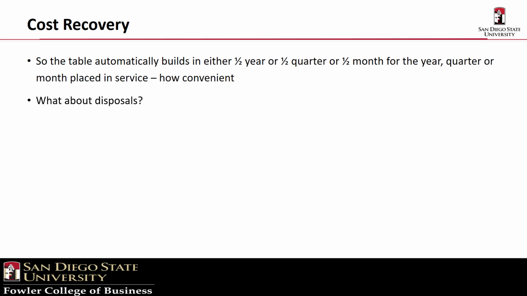You could sell assets in the first, second, third, or any year of the property's life. When you do so, the tax rules require that the same convention applies going out as coming in. That is, if you used a half-year convention to start, you must also apply a half-year convention when disposed.